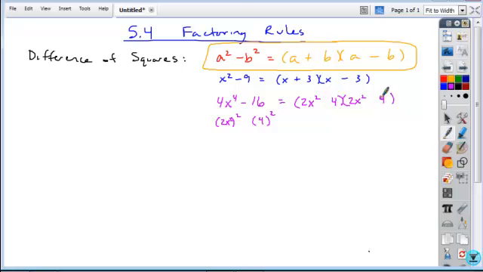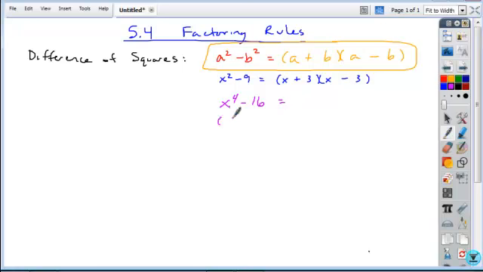Let me go back. I didn't want to put the 4 there to start with, so hang on just a second. All right, let's just take this expression here: x to the fourth minus 16.